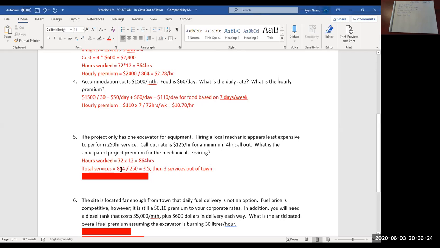So you take the total number of hours divided by the servicing interval, which is 250. So it would need 3.5 services. In this case, we could round down. So it needs 3 services out of town. So 3 services times $125 an hour times 4 hours. So that's $1,500.